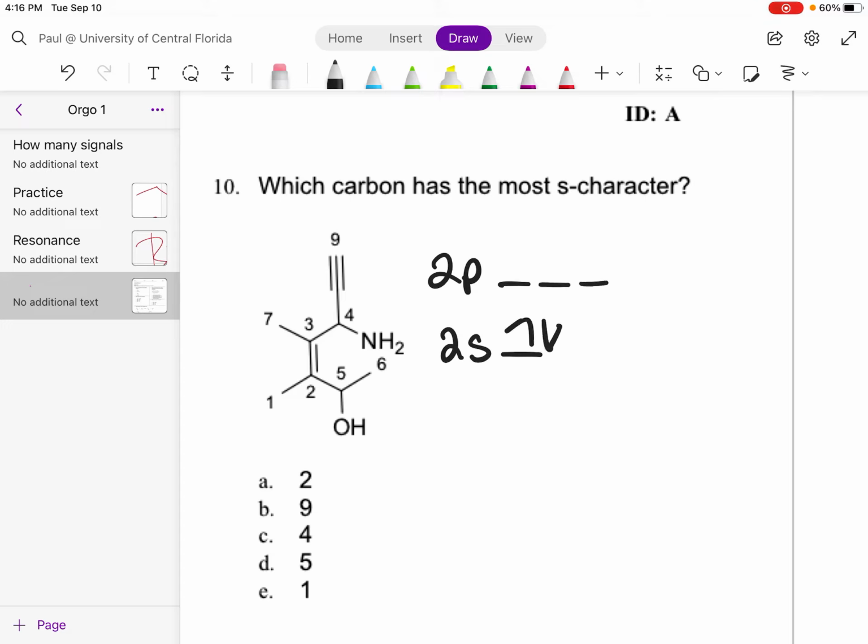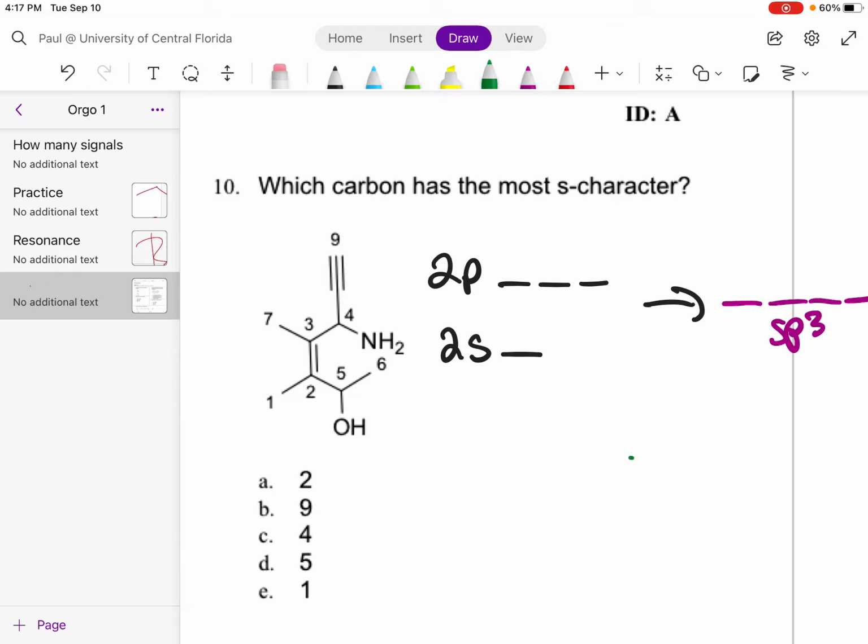Okay, so for carbon, it would look like this. But let's not worry about the electrons. Let's just worry about the configuration. And if we want to go to a sp3 hybridized, then that means we have to take an s and 3p orbitals and hybridize those into 4 degenerate orbitals. And those would be sp3.